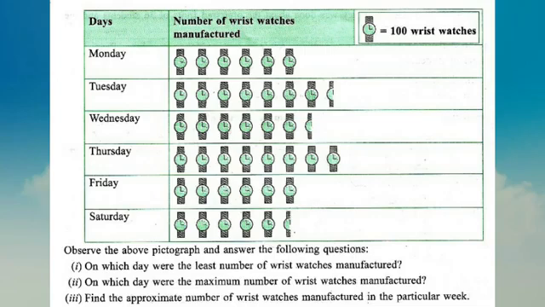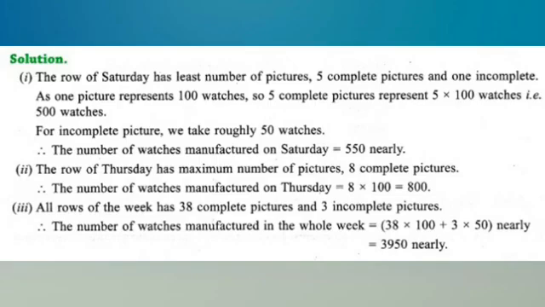Second one, on which day were the maximum number of wristwatches manufactured? Third question, find the approximate number of wristwatches manufactured in the particular week. Look at the pictograph. We can find that one picture represents 100 wristwatches.